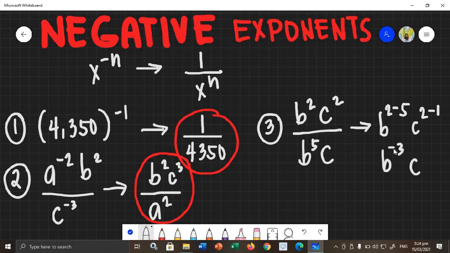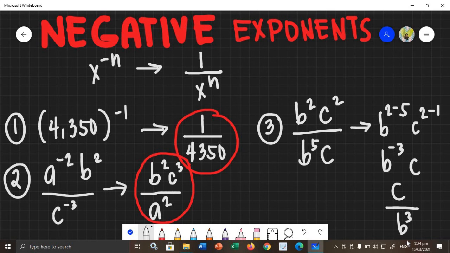Kung napansin nyo dito, si B, negative exponent niya. Therefore, if you are going to write the answer here, sulat nyo si C kasi positive yung exponent niya. Si B raised to the negative 3 power, dalhin nyo siya sa denominator kasi meron siyang negative exponent.